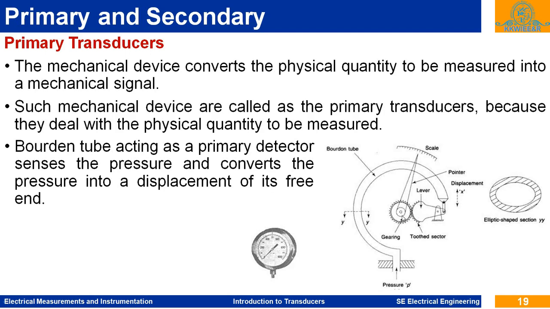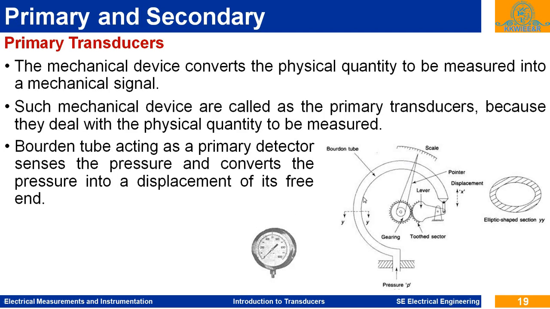So this gear will rotate in angular position, and this pointer will move on this scale. This scale is directly calibrated in terms of pressure. So this is the actual pressure gauge.